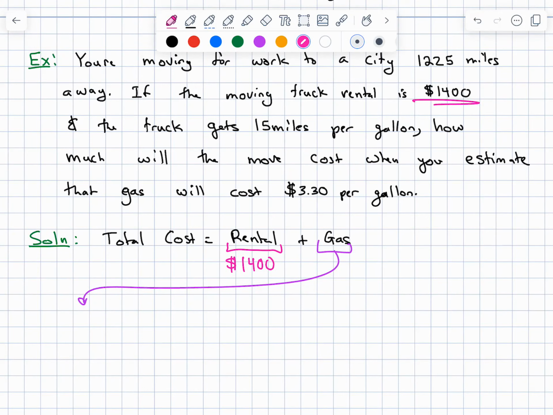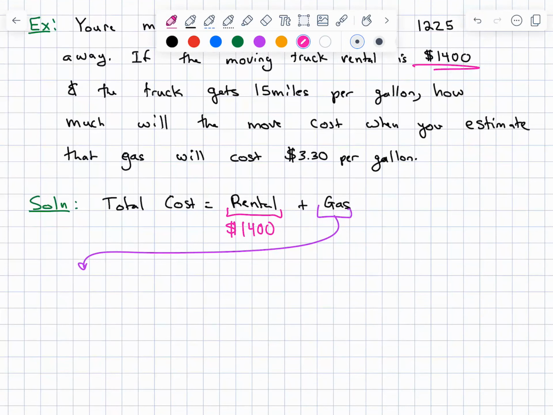Now, it's not wrong to do otherwise. One could argue that's 1,225 miles per trip, so you could write it as a unit conversion, but I'd rather just start off with that 1,225 miles. And that's how I knew to start off with that, because that was the only one that wasn't per something.